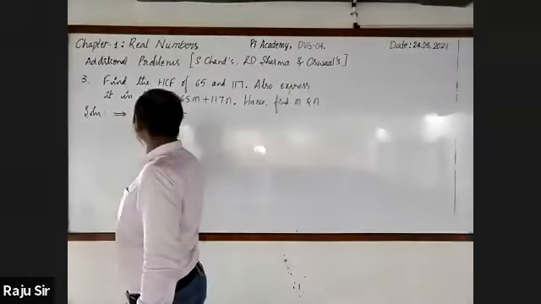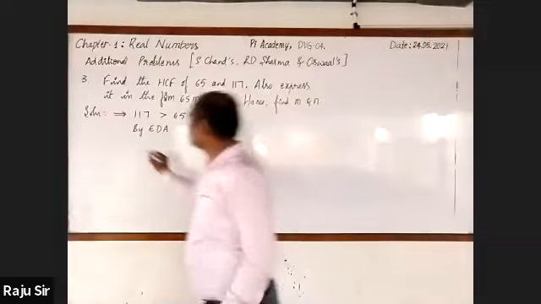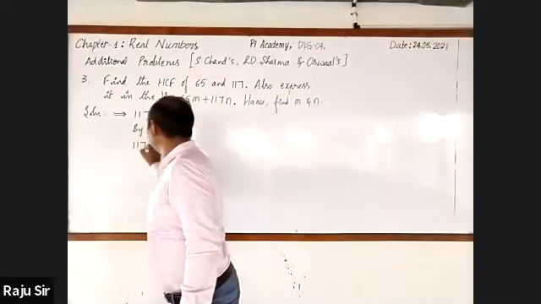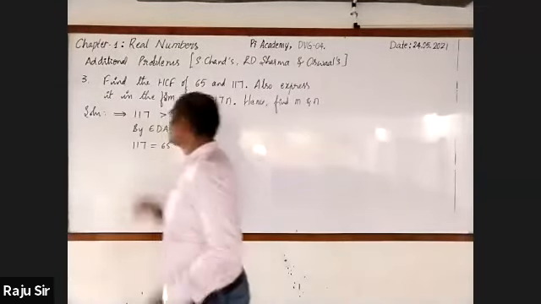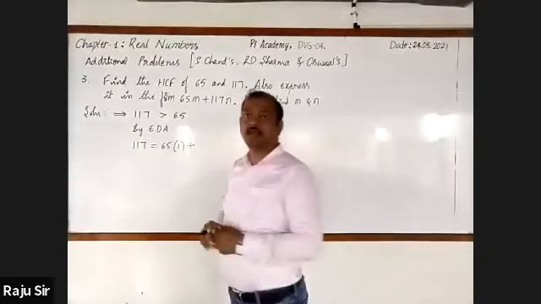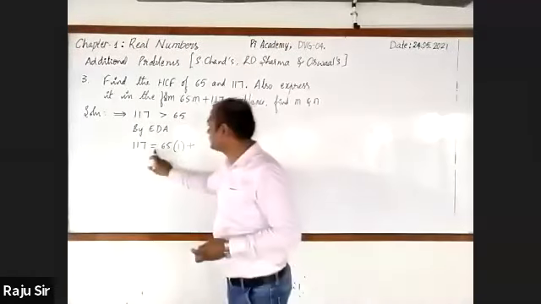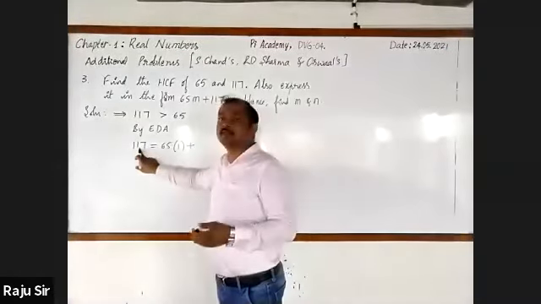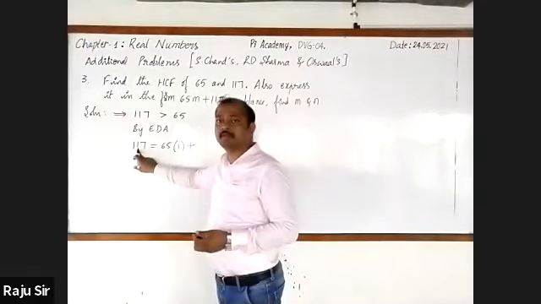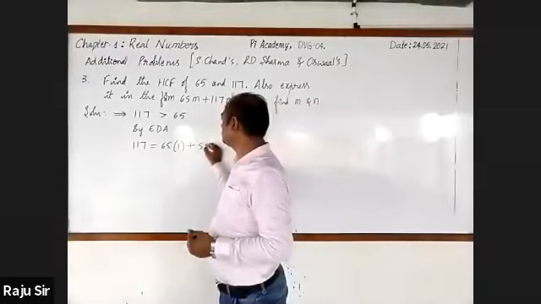By Euclid's division algorithm, 170 can be written as 65 ones up, plus, then how much will remain? See, 65 is there. Subtract 65 from 170, you get 52.